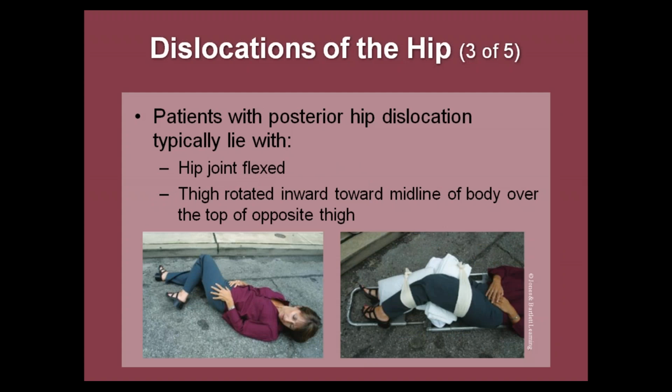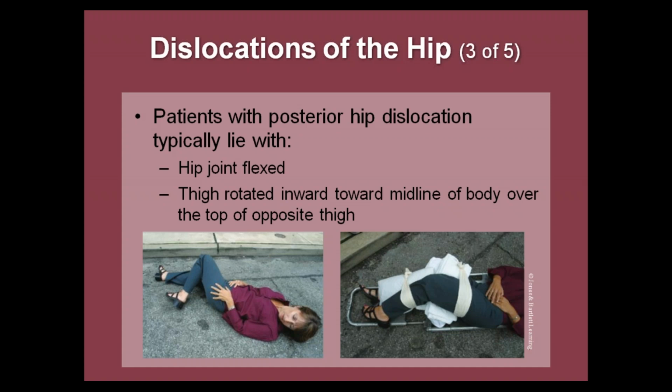Patients with a posterior dislocation of the hip typically lie with the hip joint flexed, as you see with the patient here. This could be the position you find for either a dislocation of the hip or even a fracture of the hip. This is the position my mom was in when she fractured her hip.